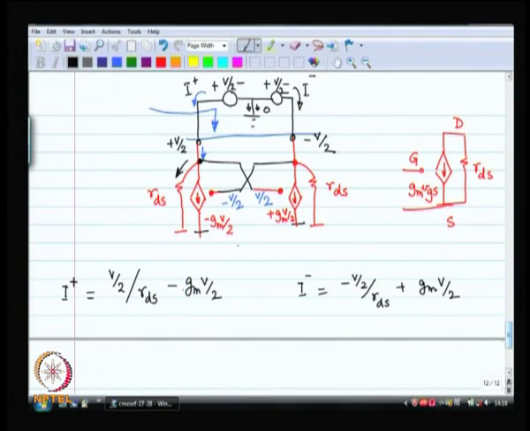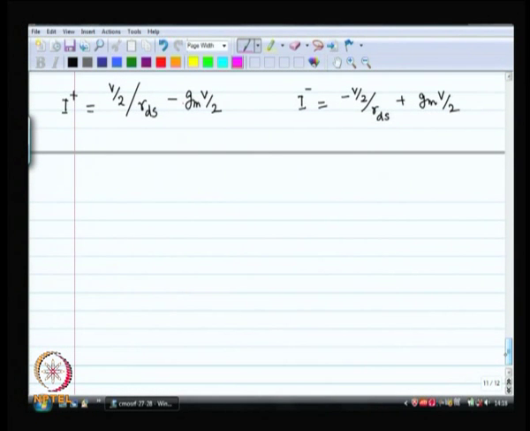So, the total voltage that I applied across these two nodes is V. I applied V voltage and I plus goes in and comes out. So, what is the resistance? I apply V voltage, I plus goes in and comes out, means that the resistance is V divided by I plus.